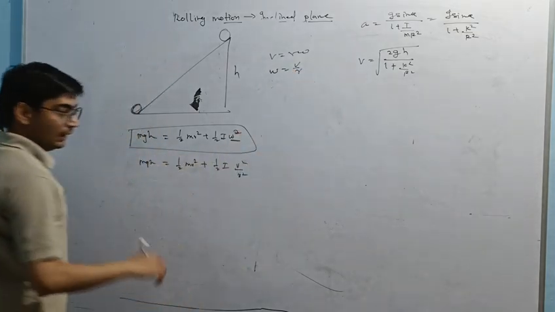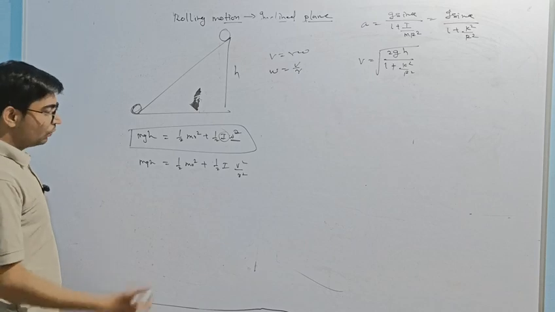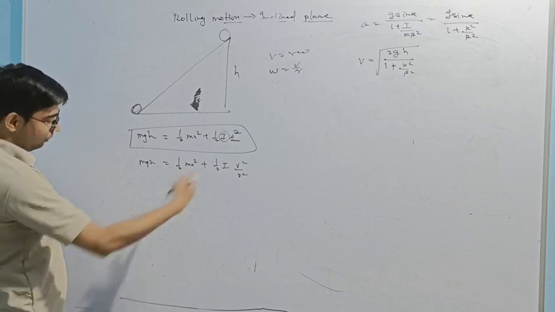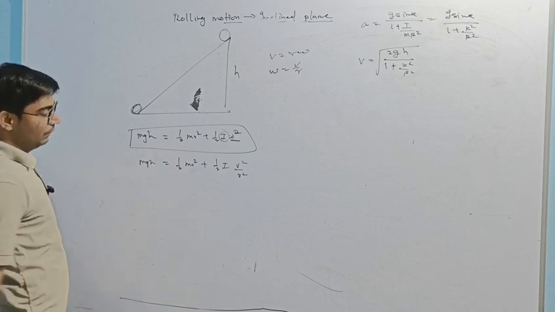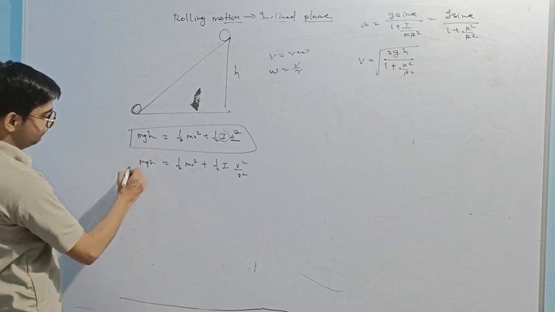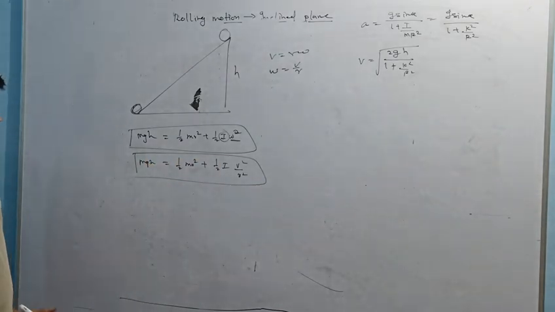Now you can put the value of inertia for a particular object, right? So by this method you can solve for the value of velocity, by energy conservation. Is it clear?